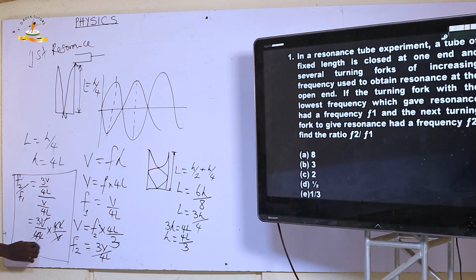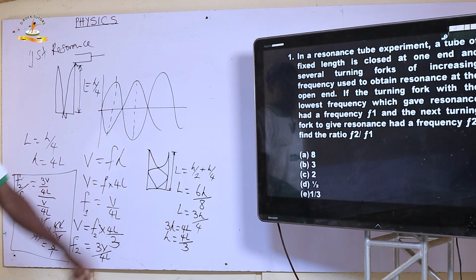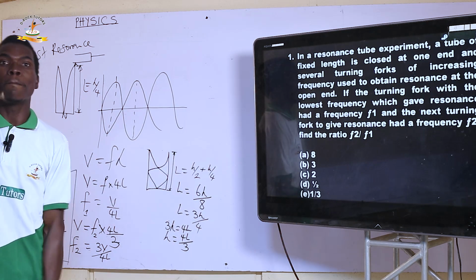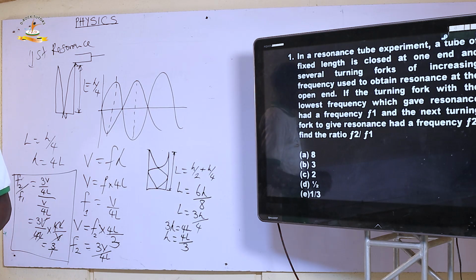At the numerator level, we are going to have what? 3. At the denominator level, we are going to have what? 1. It means it's going to be 3. Obviously, 3 over 1 is 3. So the correct option here is going to be what? B. Right, let's go to the next question.